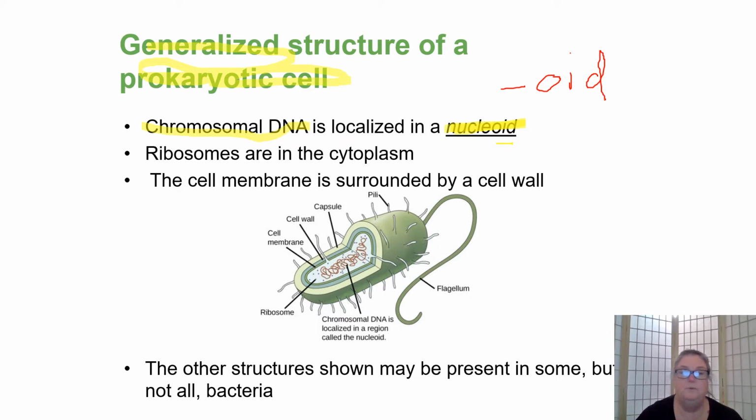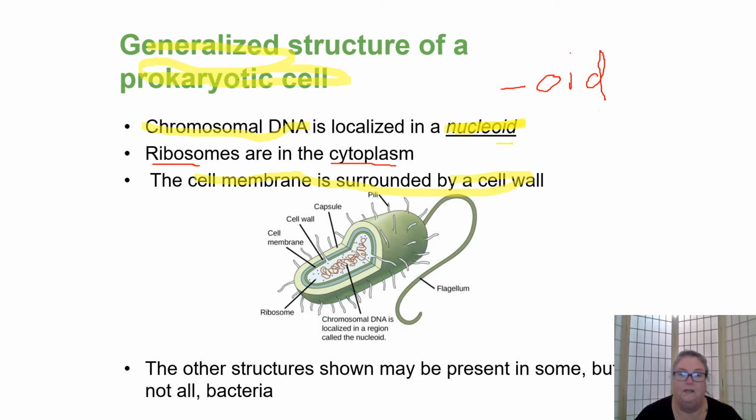So that chromosomal DNA is kind of bunched up together, and we call it a nucleoid, as in something similar to a nucleus. It does have ribosomes in the cytoplasm. It's got ribosomes loose in the cytoplasm. Right. We've got the cell membrane surrounding the cytoplasm, and then the cell wall is outside of the cell membrane.